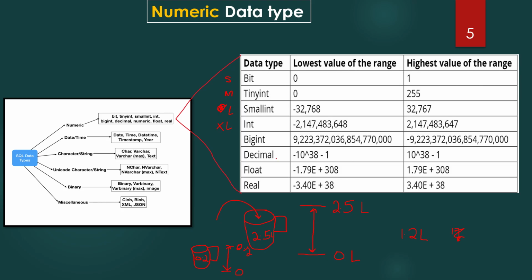These are whole numbers; you don't see any decimal. If you're looking for decimals, you can have decimal and float, which give you a bunch of decimal points.